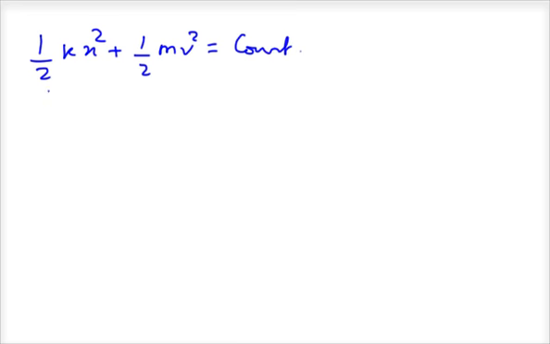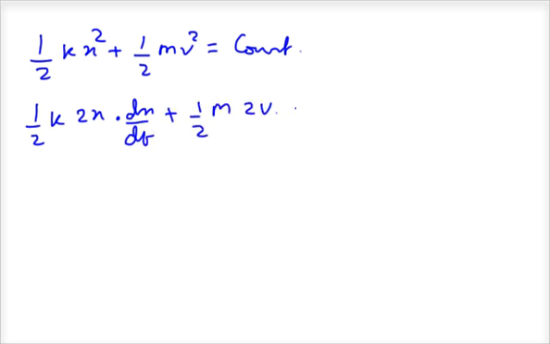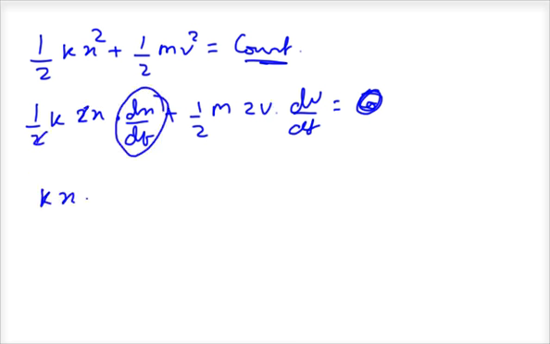This is equal to a constant, that's the total energy. Now suppose I differentiate this, I'll get half k 2x into dx by dt plus half m 2v into dv by dt is equal to 0, because the differential of a constant is 0. Now dx by dt is nothing but velocity, so the 2 gets cancelled, giving kx into v plus mv into a is equal to 0.